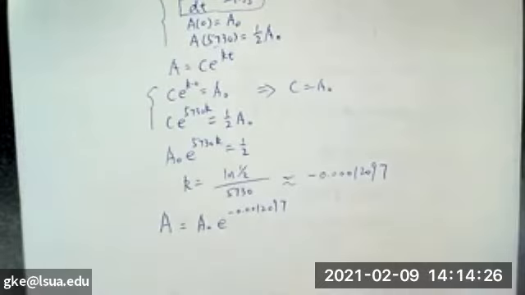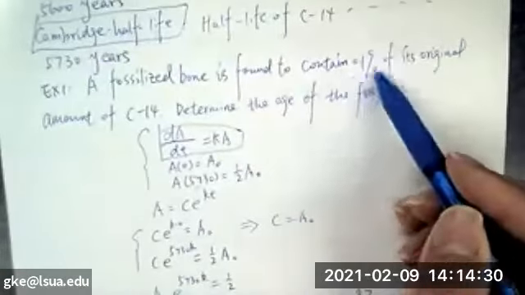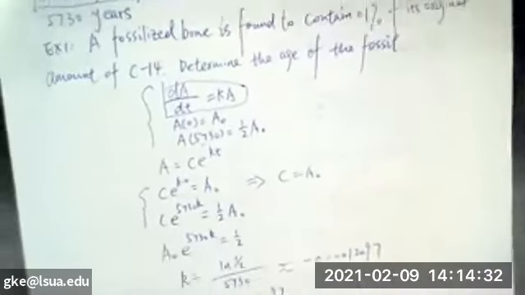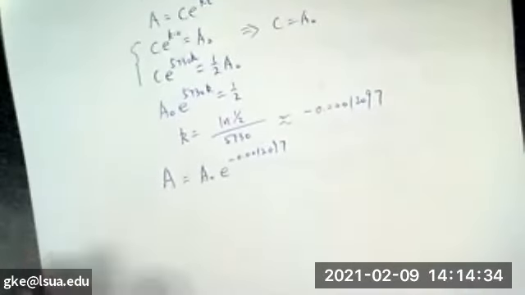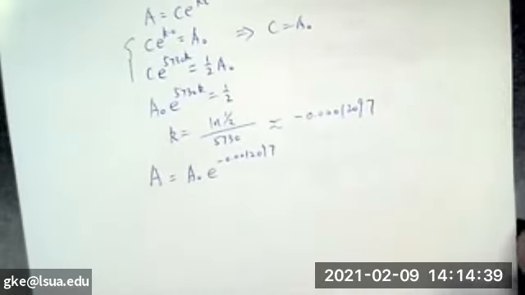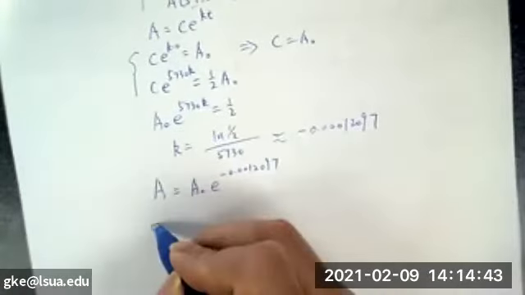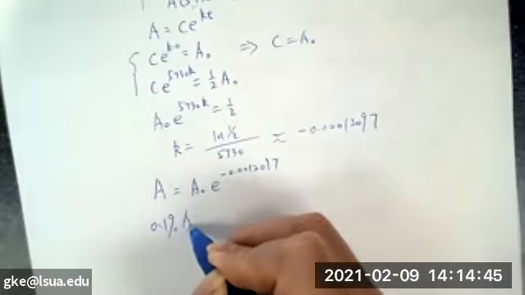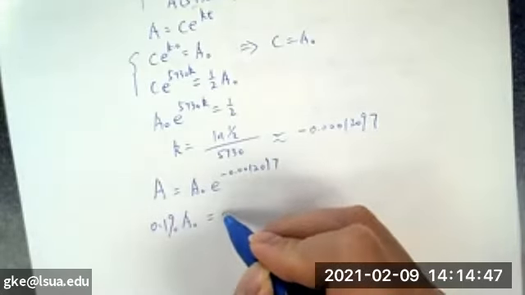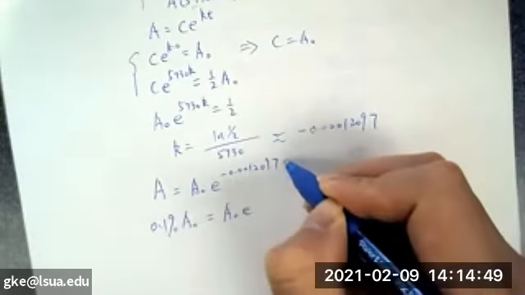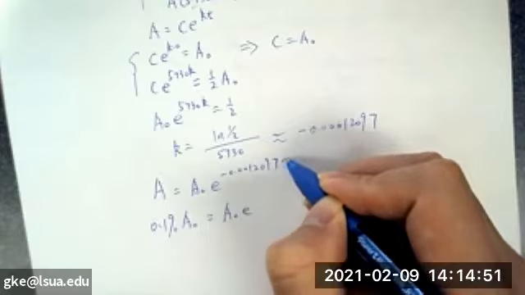Now from this problem, we want it to contain 0.1% of the original amount. That means we have 0.1% of A0, and we want to find out, oh sorry, this is t.